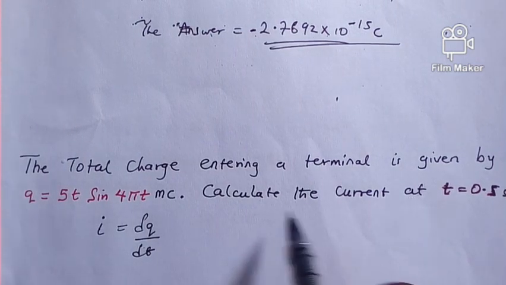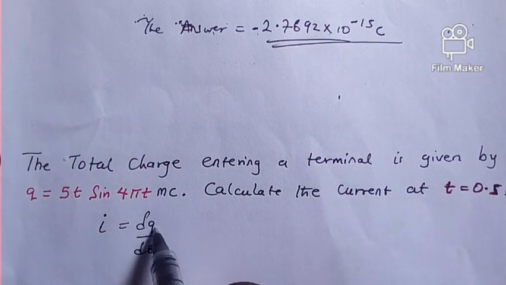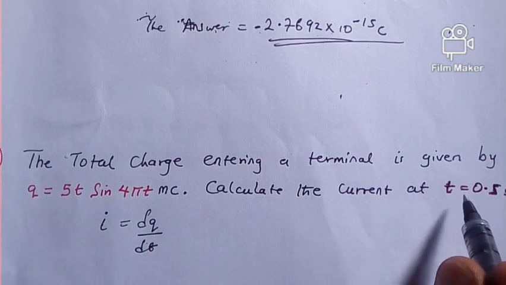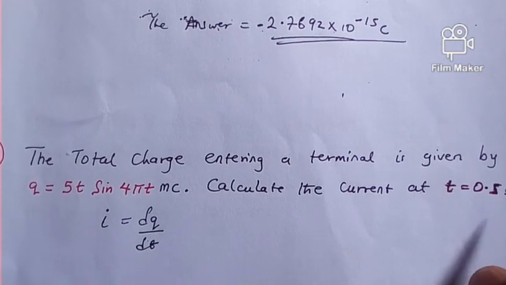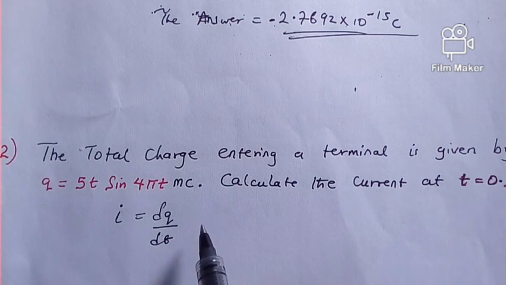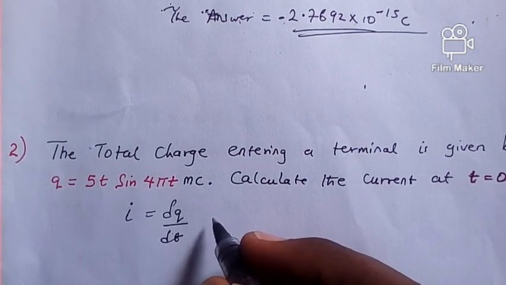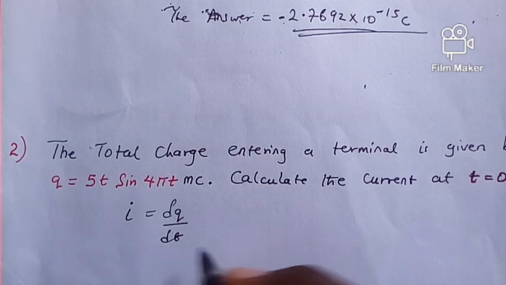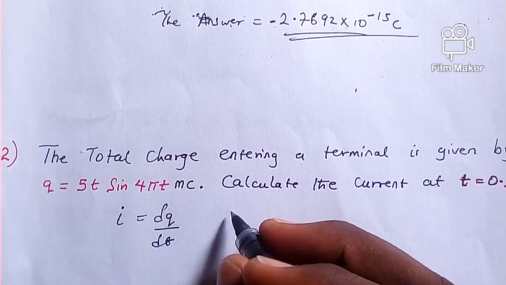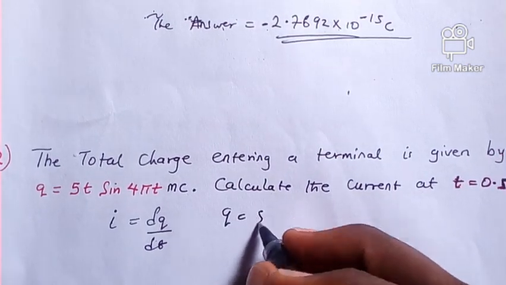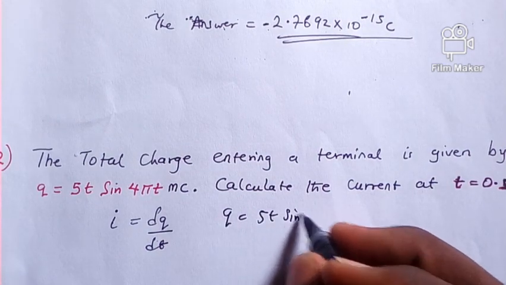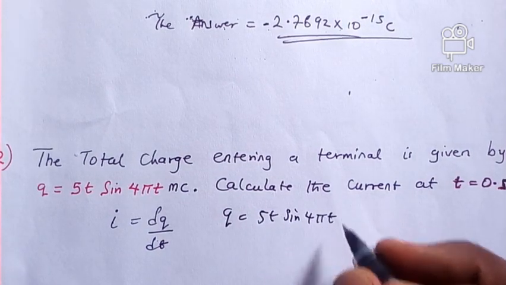So the first step is to differentiate the charge with respect to time, and then we substitute the time 0.5 seconds, and boom, we got our answer. So let's do that. In the parameters, we have the quantity of charge Q equals 5t sine 4 pi t.